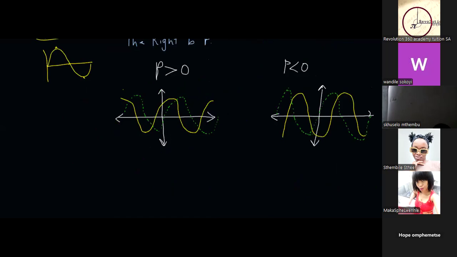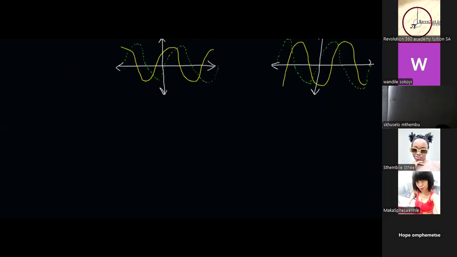So now let me make an example and then we proceed. I'm going to make an example based on what I was explaining just now, because they will say draw the following graph.